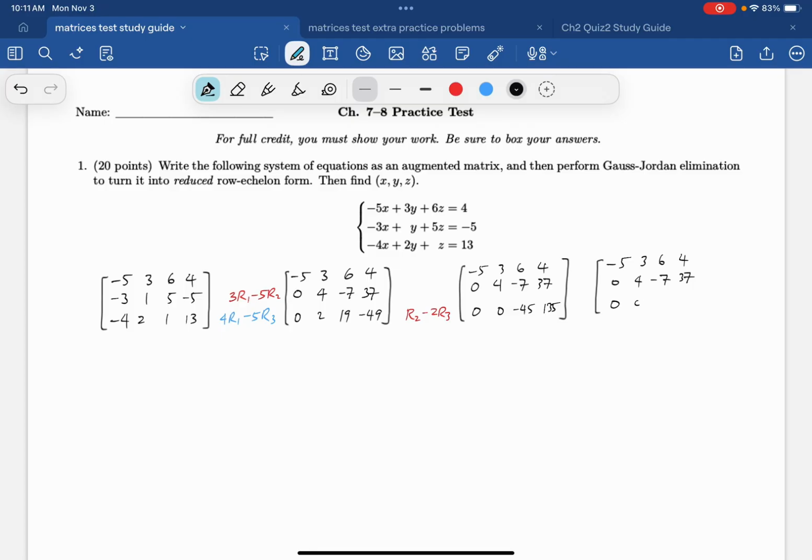So that's 0, 0, 1, minus 3, if I divide both by negative 45.